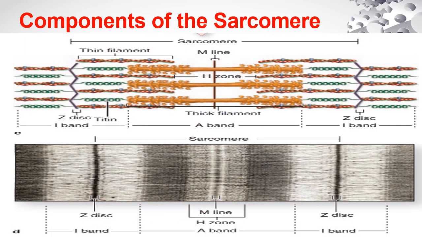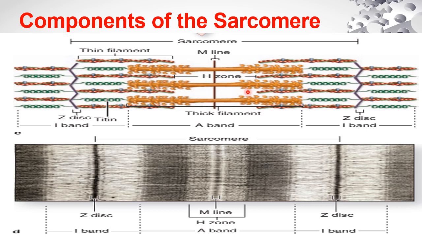So now let's look at the components of a sarcomere. The sarcomere is made up of different components. As we said, the main ones are the thin or actin filaments and the thick myosin filaments. These are the myosin filaments, these are the actin filaments. We've already talked about them in detail, how they are composed.